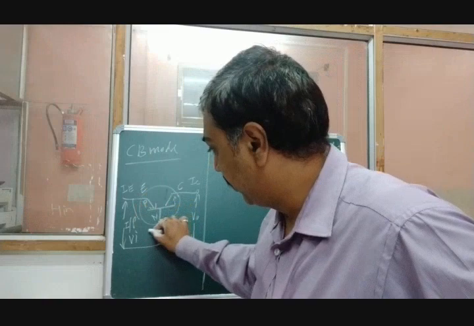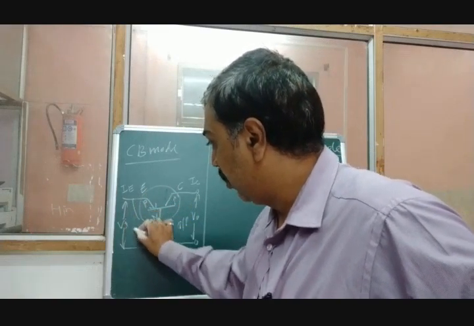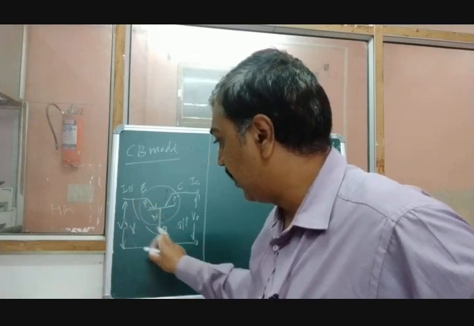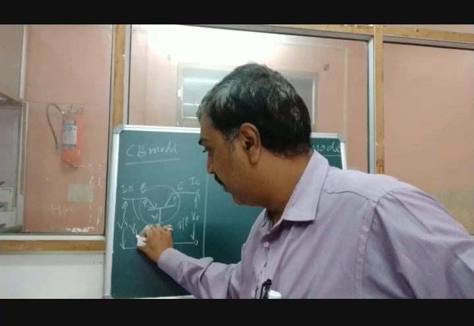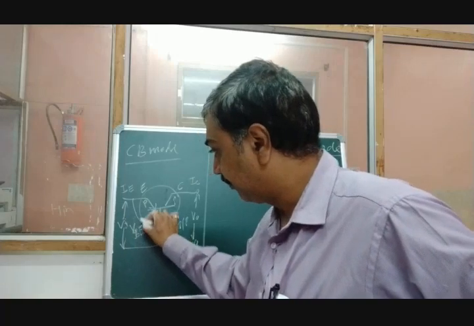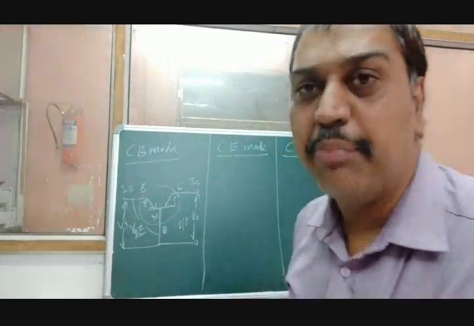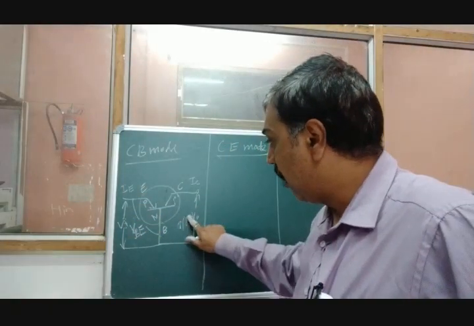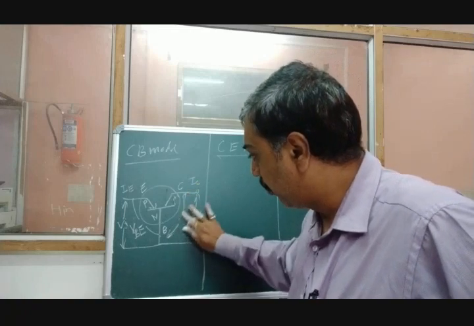The voltage between these 2 can be represented by the voltage between emitter and base, VBE. So VBE is the input voltage, IE is the input current. Similarly here, output current is IC. What is the output voltage? This would be the output voltage. What is this?